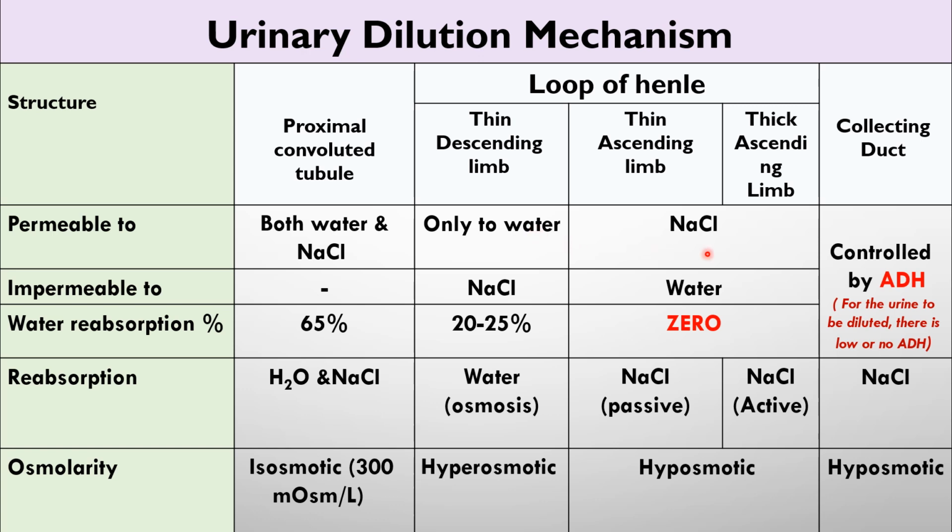As it crosses the ascending limb, which is permeable only to sodium chloride, it is again hypoosmotic. As it reaches the collecting duct, which is mainly controlled by the antidiuretic hormone, the reabsorption of water and urea will not occur, and we get only the diluted urine.